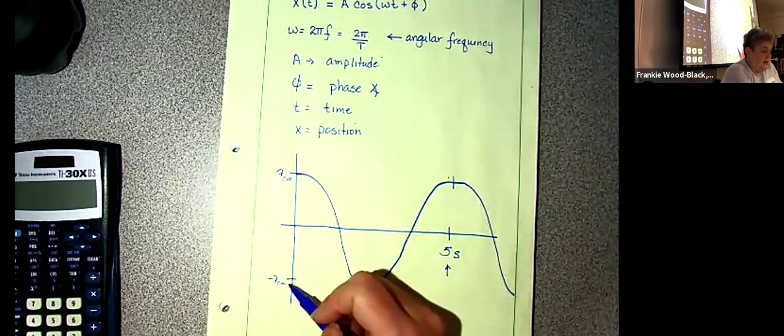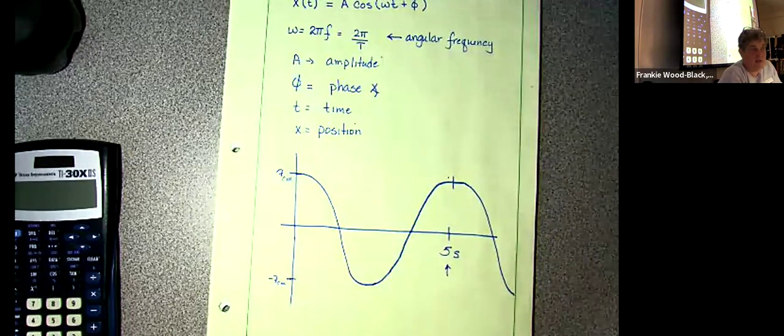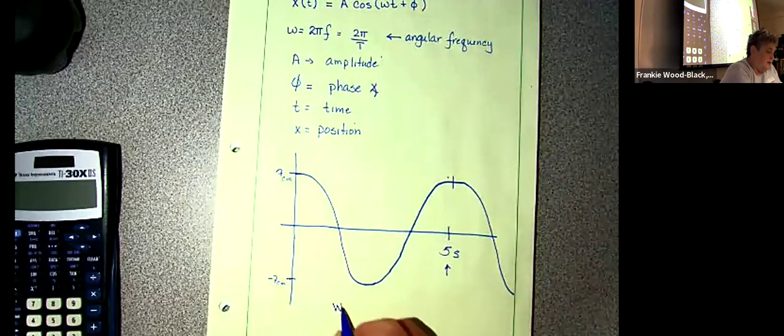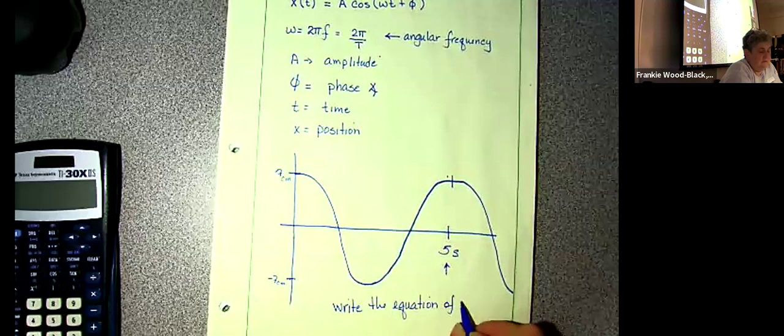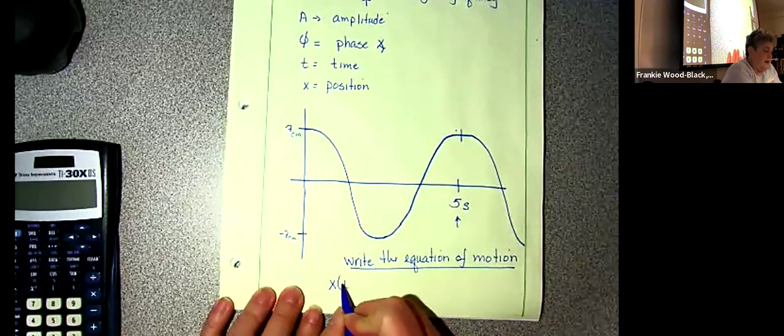It's bouncing between minus 7 centimeters and 7 centimeters. We want to write the equation of motion. That just means we want to know its position at any time t.